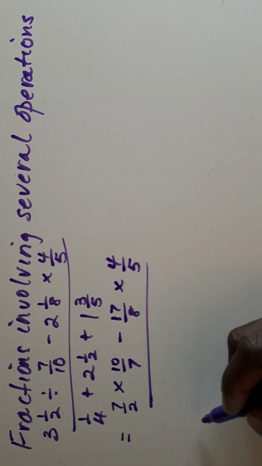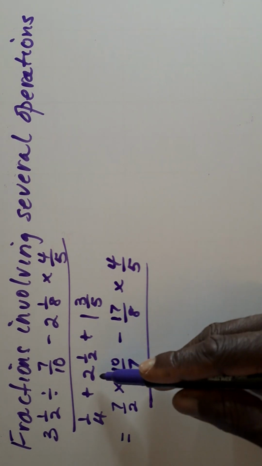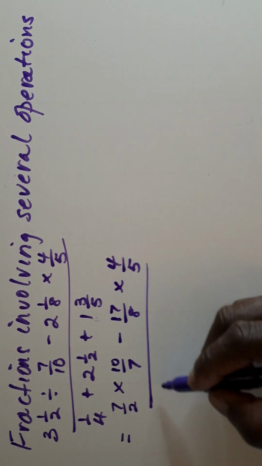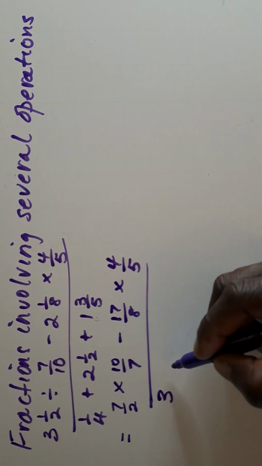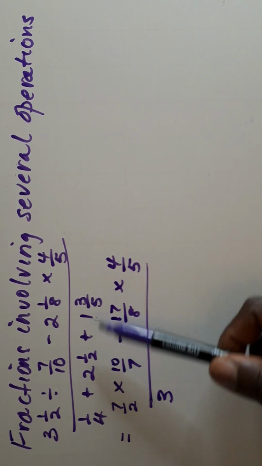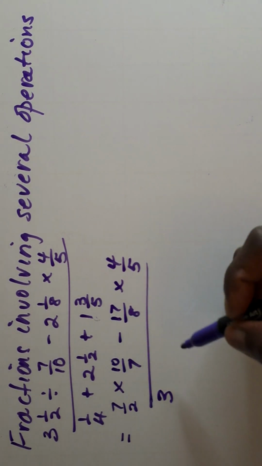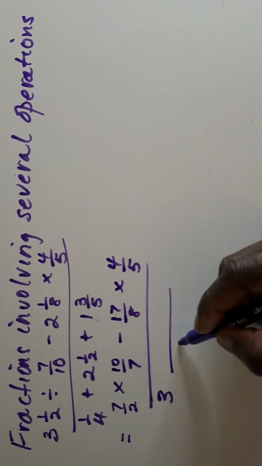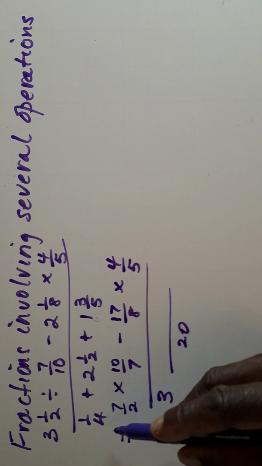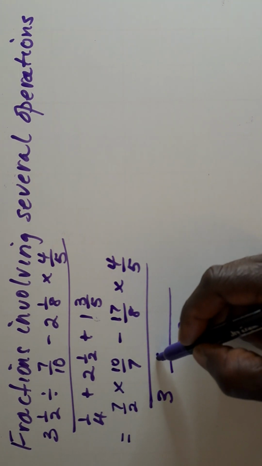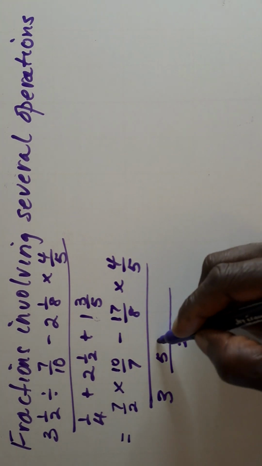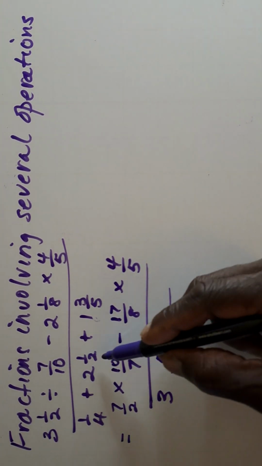For the denominator, we'll add the whole numbers. We have 1 and 2, which gives us 3. We'll have a common denominator here for 4, 2, and 5, which is 20. And so 5/20 is the same as a quarter. 10/20 is the same as a half.